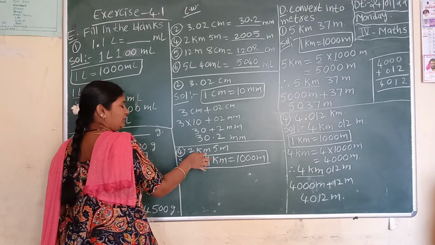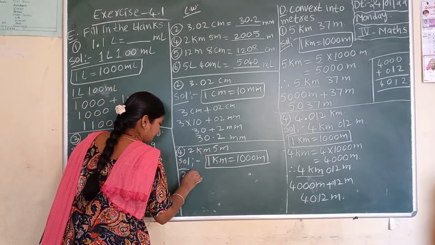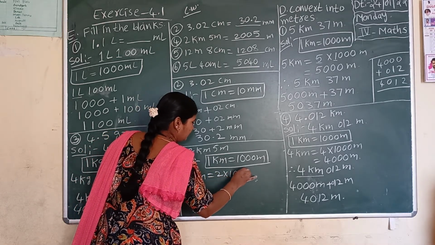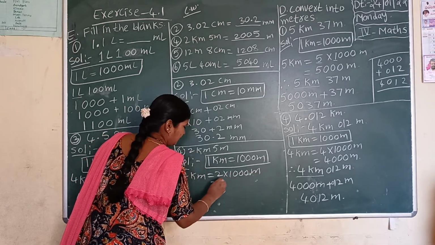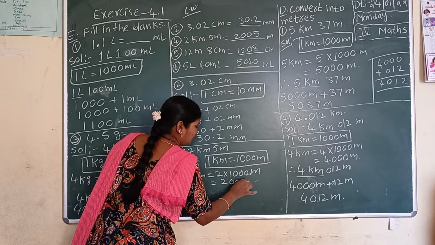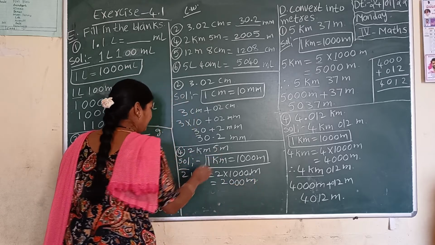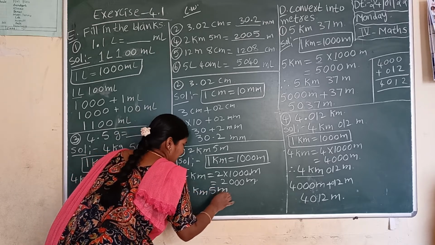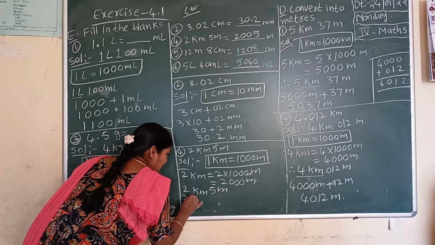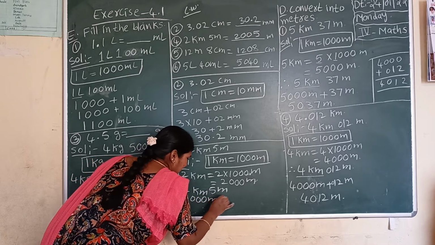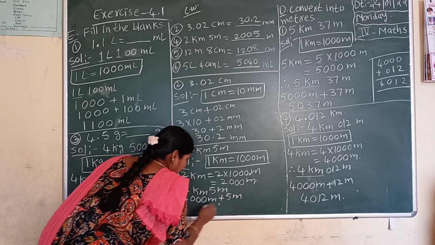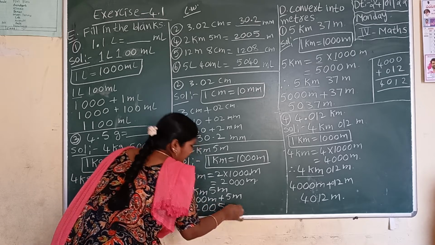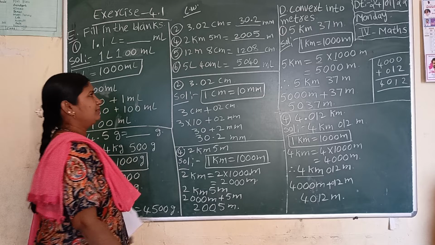First convert 2 kilometers into meters. 2 kilometers equal to 2 into 1000 meters, 2000 meters, and in the given question write down 2 kilometers, 5 meters. 2 kilometers means 2000 meters plus 5 meters. Adding, you are getting 2005 meters. This answer is there on the board.